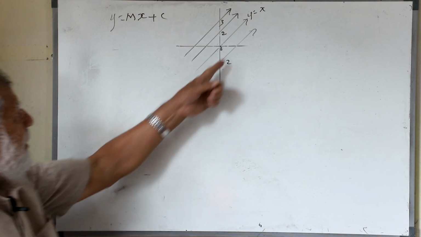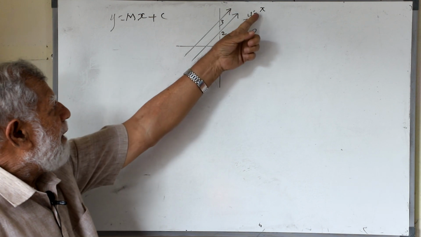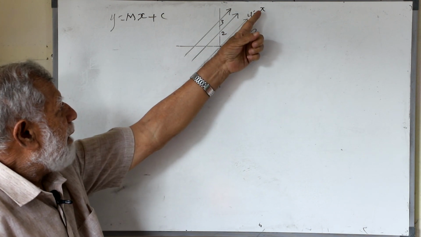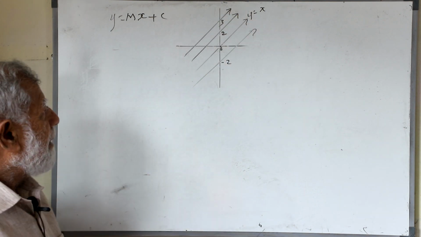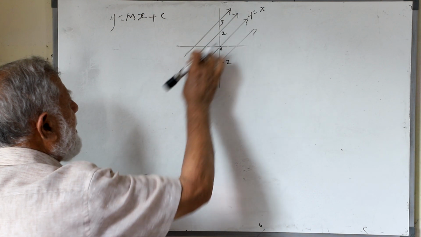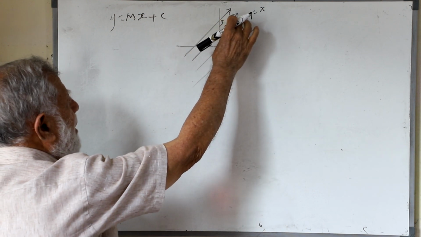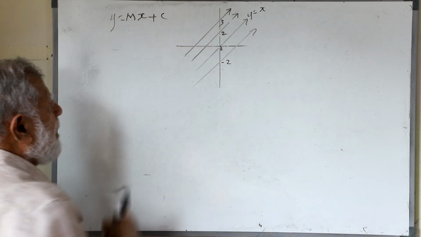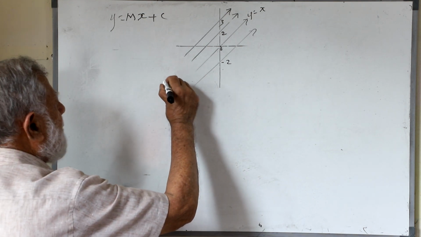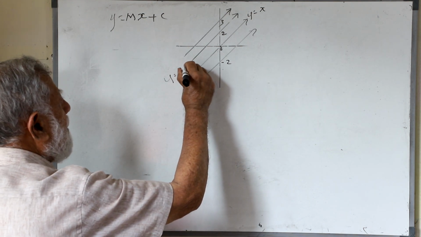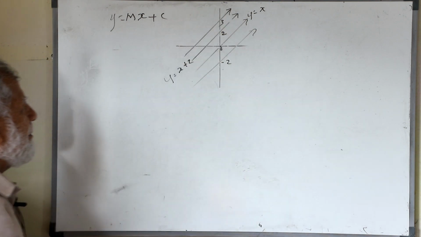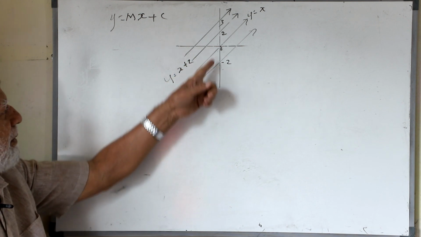So here the equation of this line is y is equal to x plus 0, so the gradient is 1, 1x. Naturally the gradient of this line will also be 1, because it is parallel. So the equation of this line will be y is equal to x plus 2, because it goes through 2, and they are parallel, so the gradients are equal.